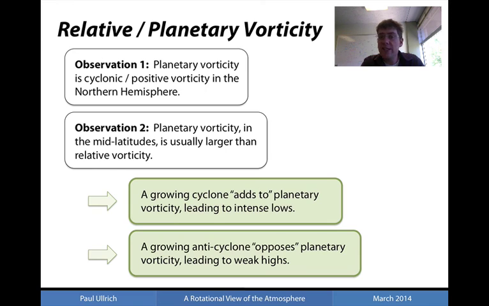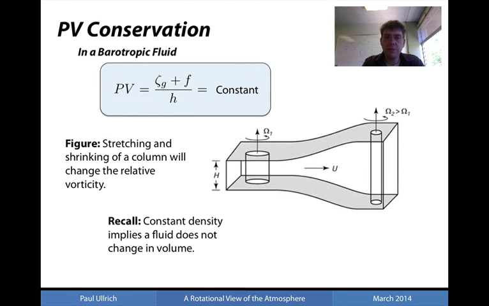Hence, a growing cyclone, that is a low-pressure system which is growing, typically adds to planetary vorticity, leading to more intense lows, whereas a growing anticyclone will typically oppose planetary vorticity. That is, it tends to be subtractive from the planetary vorticity itself, and hence tends to lead to weak, high-pressure systems.